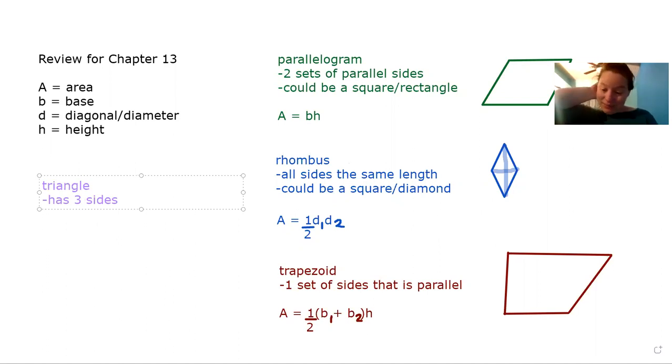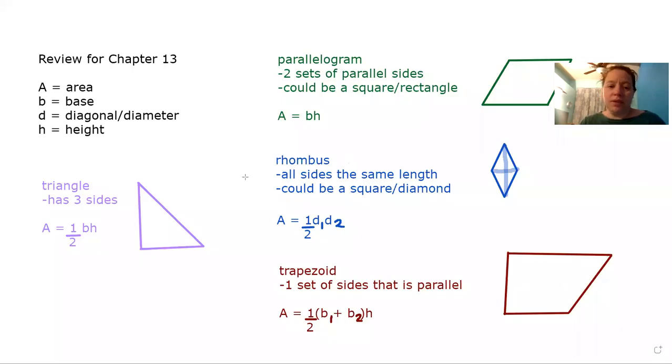Because it is half of a rectangle, half of a parallelogram, that kind of thing. Remember, a rectangle is a special kind of parallelogram. Because it is half of that, our area is equal to 1/2 base times height. So I'll put the 2 in there. And this is what our triangle looks like.